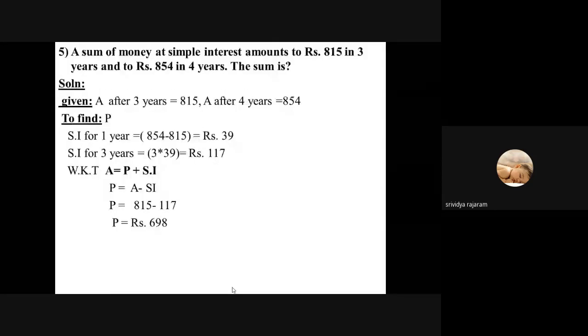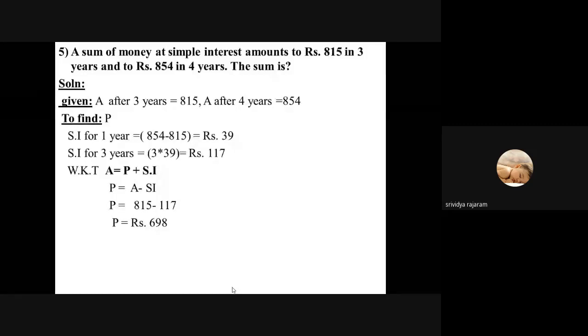So the next problem is: a sum of money at simple interest amounts to rupees 815 in 3 years and rupees 854 in 4 years. The sum is? So in this problem also, they are asking us to find the sum, that is nothing but the principal amount. We dealt with a similar problem two problems before, to calculate the value of the principal amount.